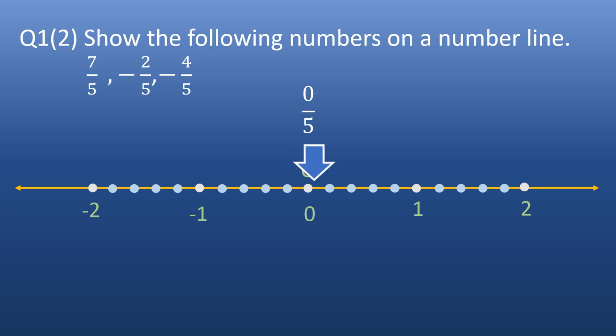First mark on the right side of origin is 1 by 5. Second mark on the right hand side of origin is 2 by 5. Third mark on the right side of origin is 3 by 5.